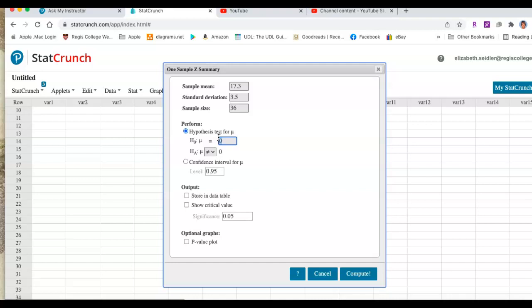We have data of 16.4 for the population. This is a right tail test. We want to know if it's greater than 16.4, and we are testing at the 0.01 significance level.